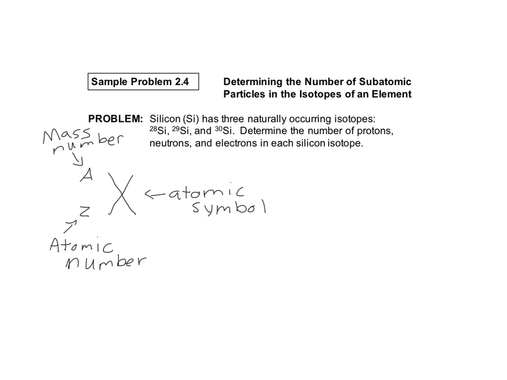So let's see the number of protons. To do that, we can look on the periodic table and find the atomic number for silicon, which is 14. So I'm going to write silicon-28 first, and I'm going to say that it has 14 protons, and we normally write that as P with a plus superscript to represent a proton.